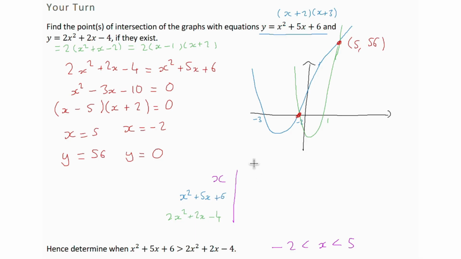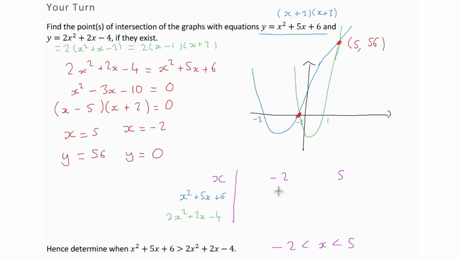Now I'm going to choose my values carefully. I'm going to choose the two points where they intersect to start with, because I know they intersect at 5 and minus 2. And I know that at those points, these two things are equal.